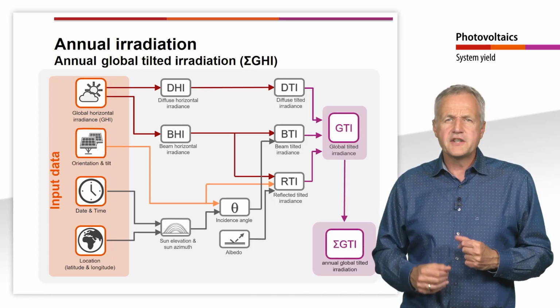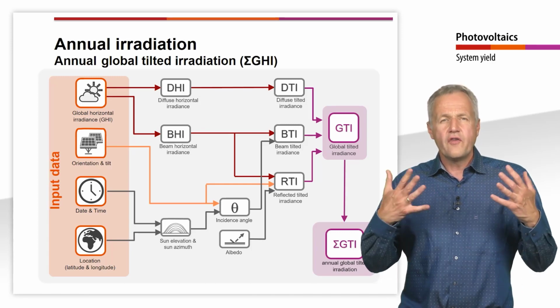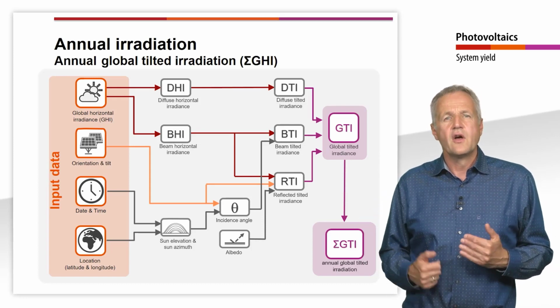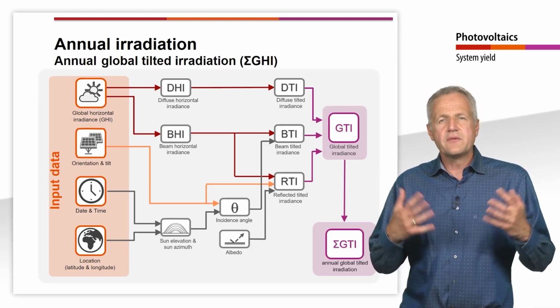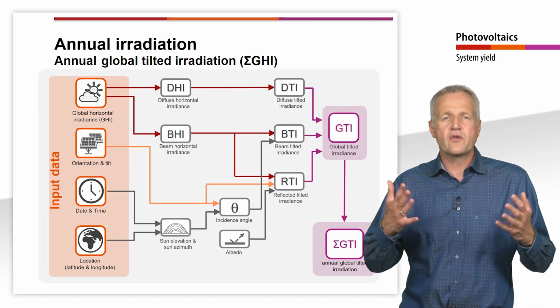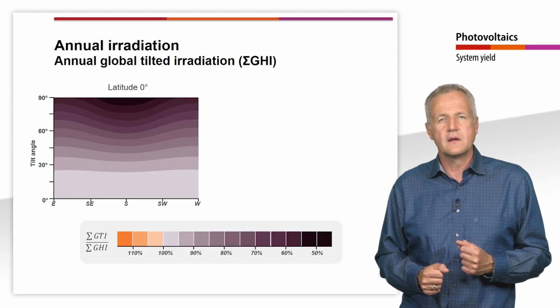There are many online tools that can be used to estimate the amount of annual global radiation on the tilted surface. One example is Enrol's PViTeach tool, which can also be used to make rough yield estimations of PV systems.